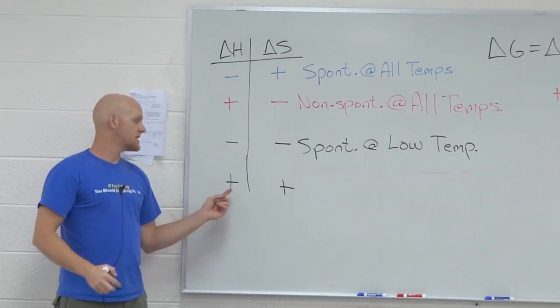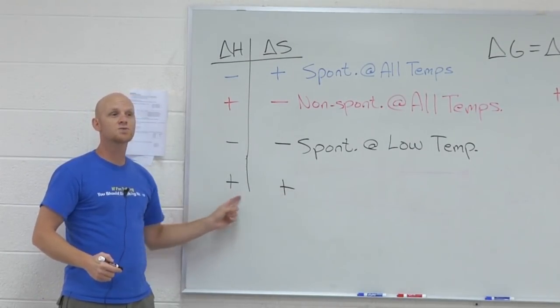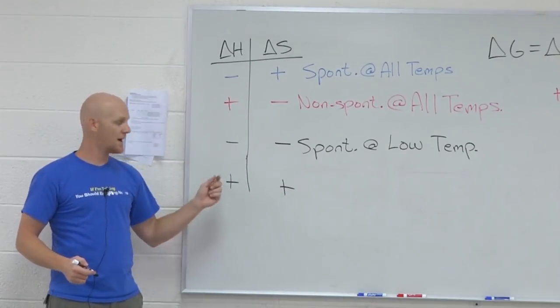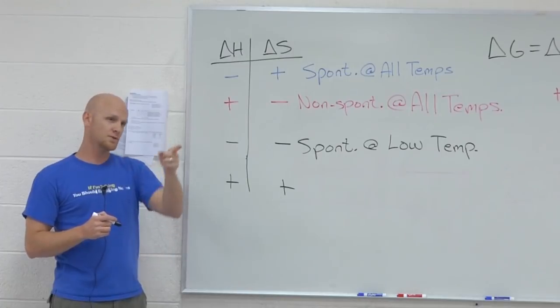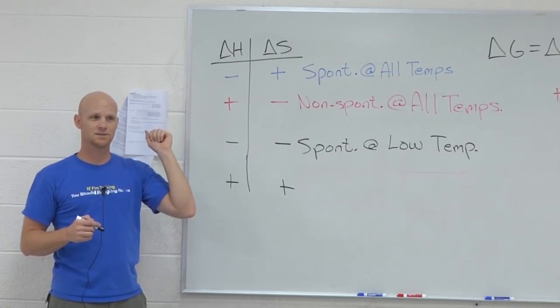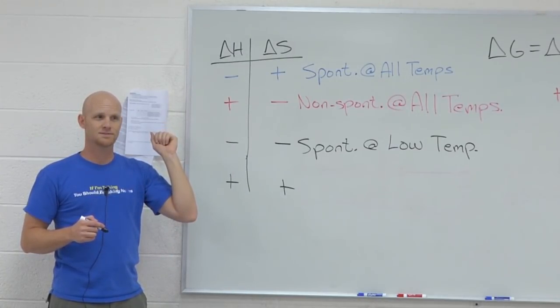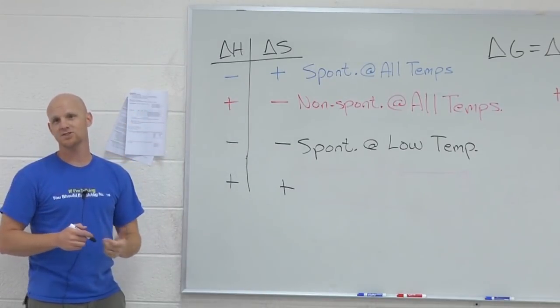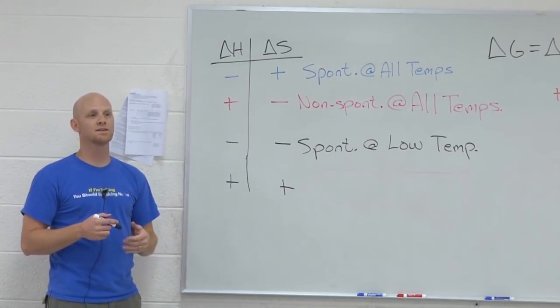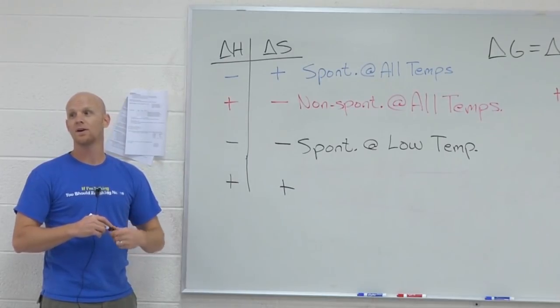Somebody name for me one of the phase changes where delta H and delta S were both positive. So endothermic and increase in entropy. Fusion, melting, what else? Vaporization, boiling, awesome, and sublimation. And when are those processes spontaneous? High or low temperatures? Only high temperatures.